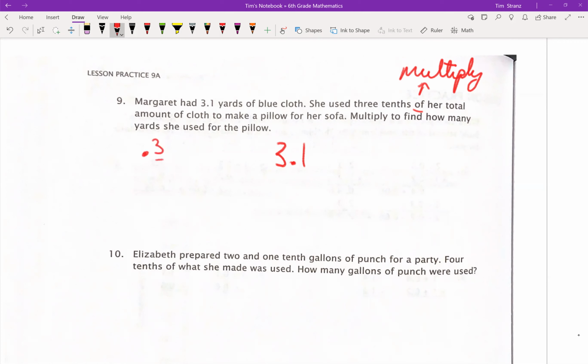So 3/10 would be 0.3 as a decimal. Going to multiply this together. We got 3, 9. Okay, and I have 2 decimal places. So she used 93 hundredths of a yard for her pillow.